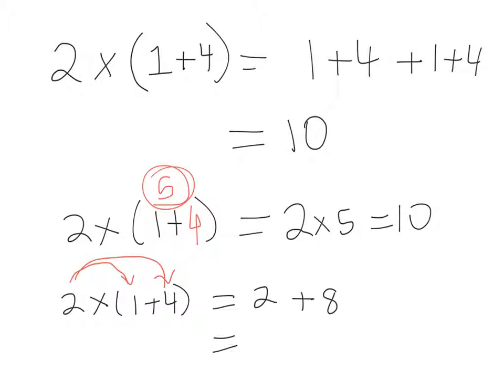Now, what's 2 plus 8? It's 10. You see that this way we get the same answer here, and here, and here. So we can see that all 3 of those ways work. Now, if we extend that a little bit, what we can actually do is use this method just here to work out our algebra questions.